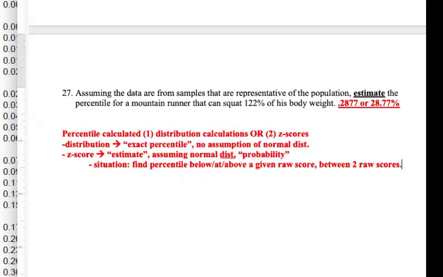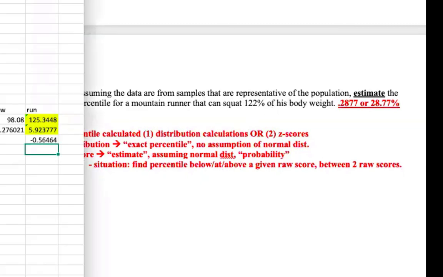So in the case that we said find the exact percentile for a person or a mountain runner that can squat 122% of his body weight, in this data set, we would use our COUNTIF function, right? And then we would say what values are less than or equal to 122 in the squat data for mountain runners, right?